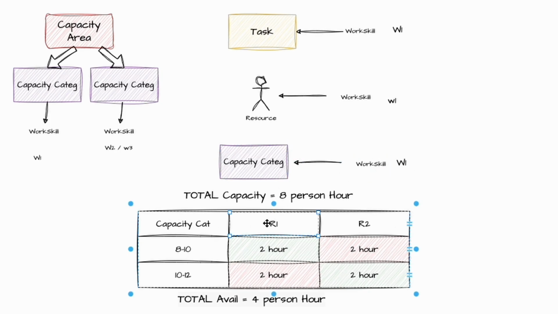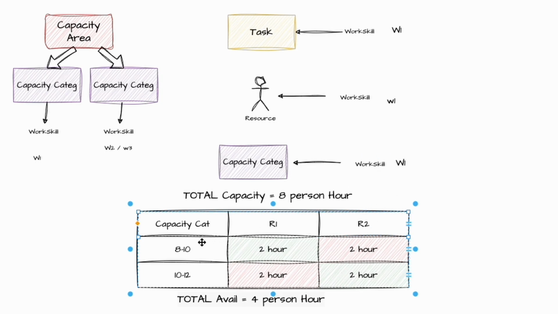Suppose there is a resource R1 that has work skill W1, and another resource R2 that also has work skill W1. Both resources have work skill W1 and are working 4 hours in a day. So R1 will work 4 hours and R2 will work 4 hours.